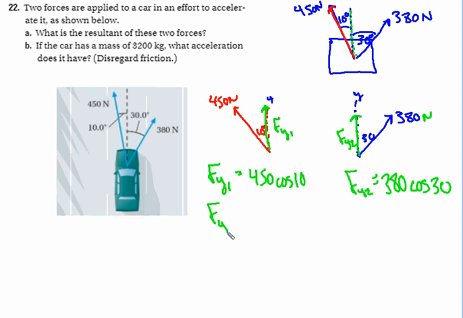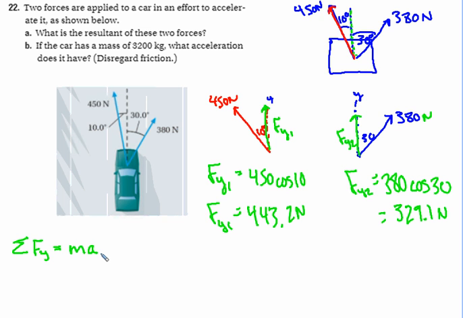And on this first force, you have 443.2 newtons. And on this one, we have 329.1 newtons. And so to find the y component, the sum of the forces in the y direction is equal to the mass times the acceleration in the y direction.